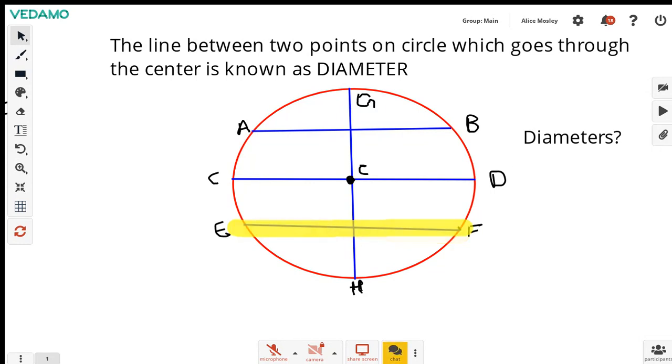And GH, again, is a line between 2 points and it is passing through the center, so it is a diameter. So the answer for diameter is CD and GH. Miss Dawn, Miss Veronica, is it clear?